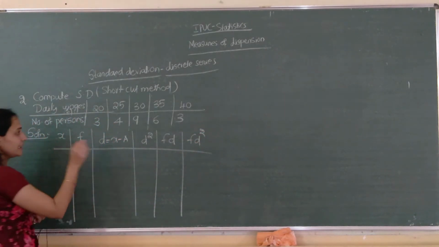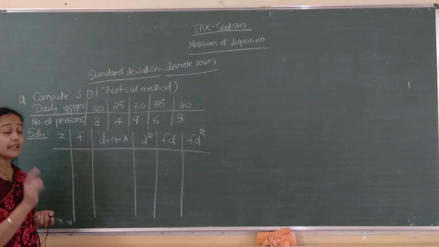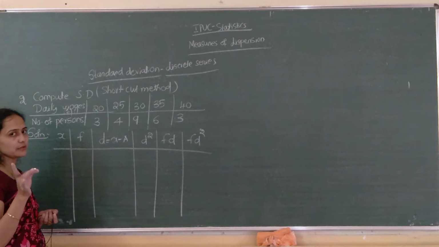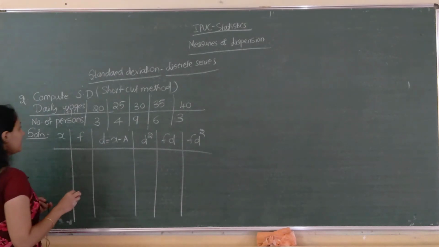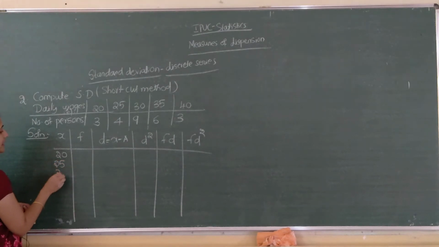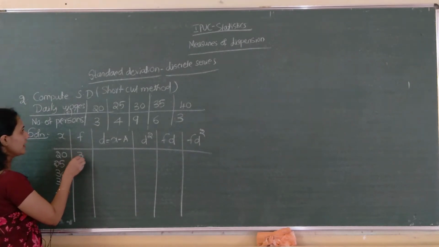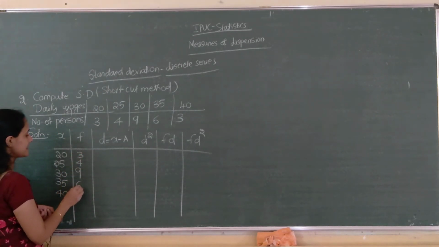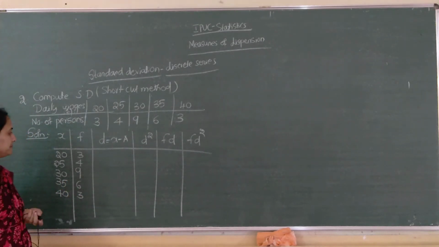Here also, f d whole square and f into d square are different, remember. The x values are 20, 25, 30, 35, 40, and f values are 3, 4, 9, 6, 3.